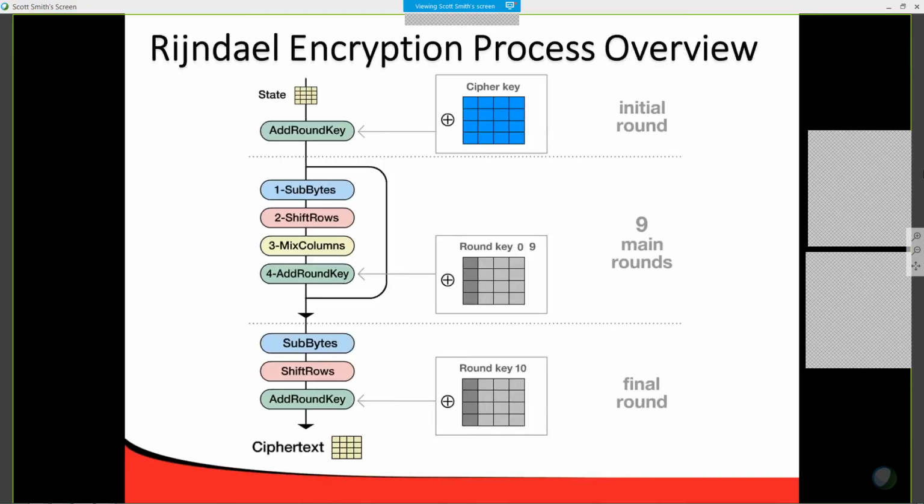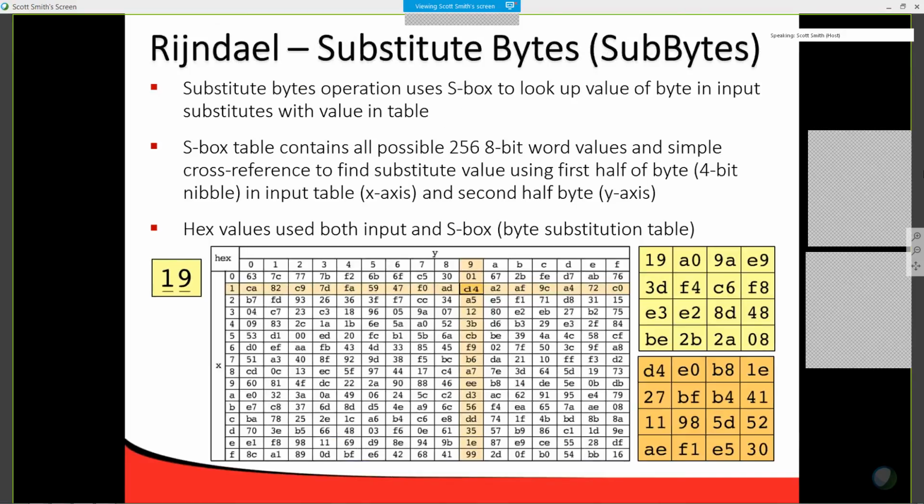So the first operation is to substitute. You have an S box. The S box identifies the substitution algorithm. The top box represents your plaintext. The bottom box represents the substitution. So 19 became D4. A0, if you look at A on the left column, A0 is what? E0, right?